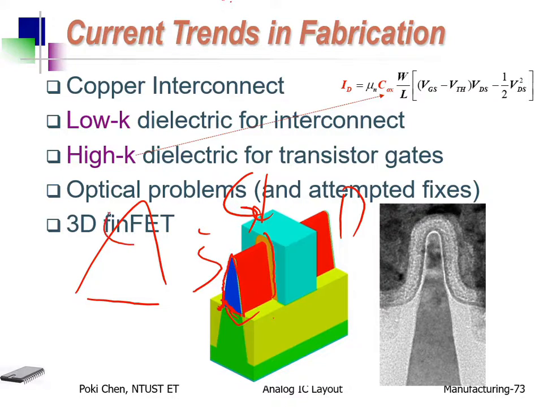Why does FinFET operate faster than the two-dimensional structure? And how about the length? This is the source, that is the drain. So the distance here is the length. So the length is here and the width is there.